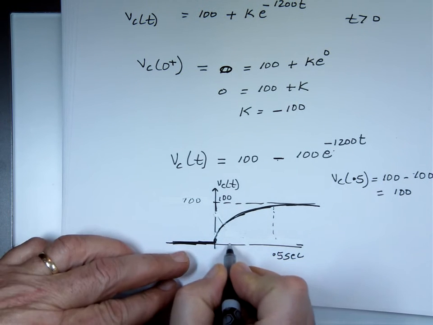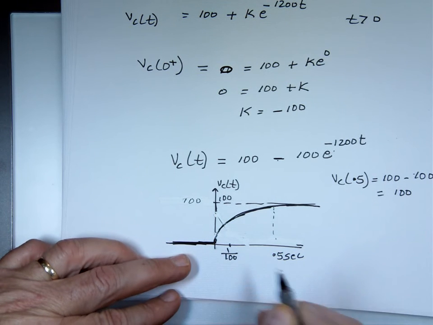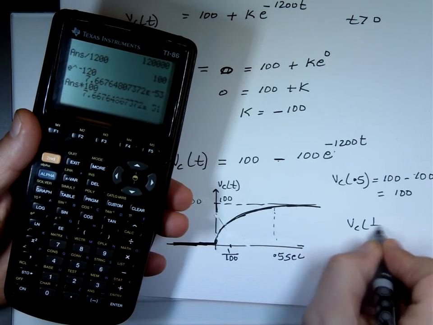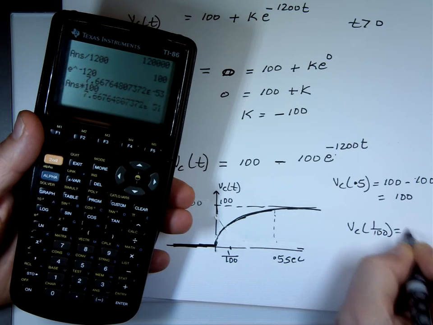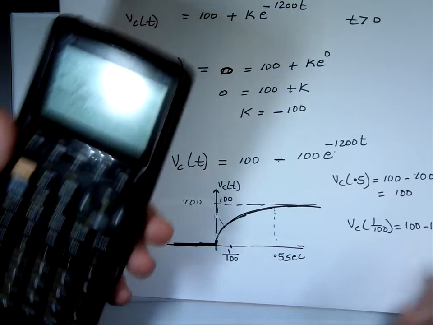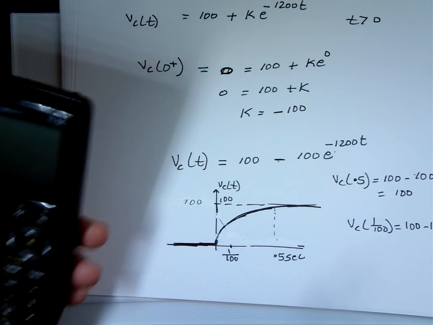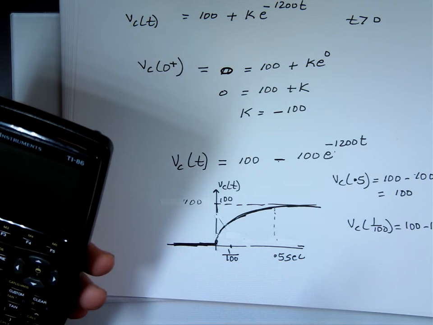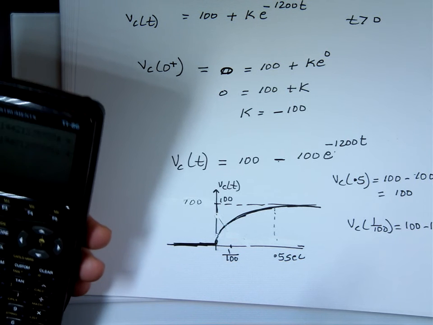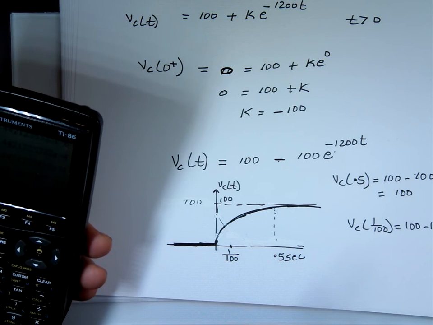What is the 100th of a second? What's the value? If you do it, it's going to be 100 minus 100 e to the power of negative 12. $99.999, right?